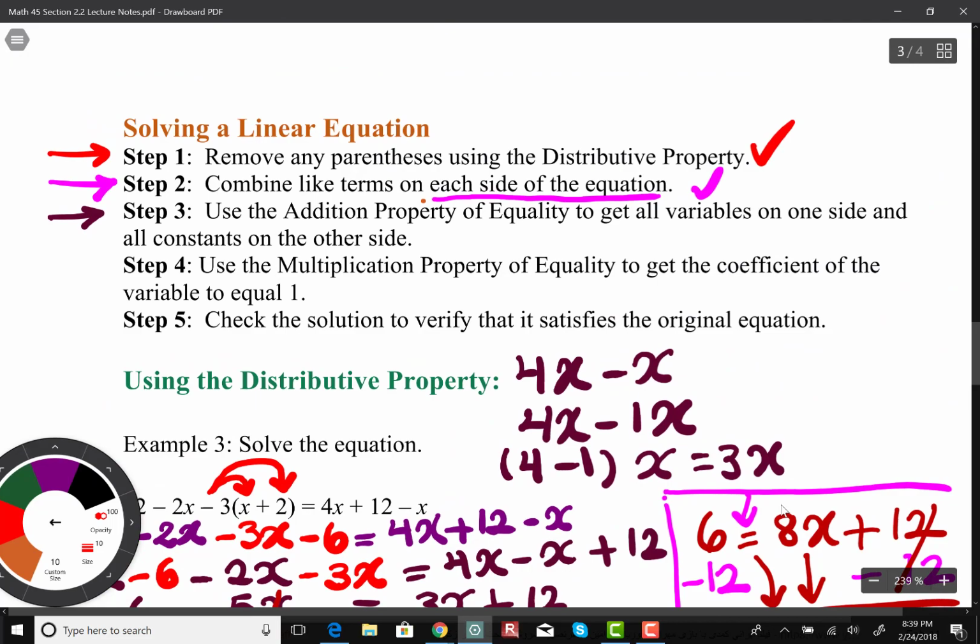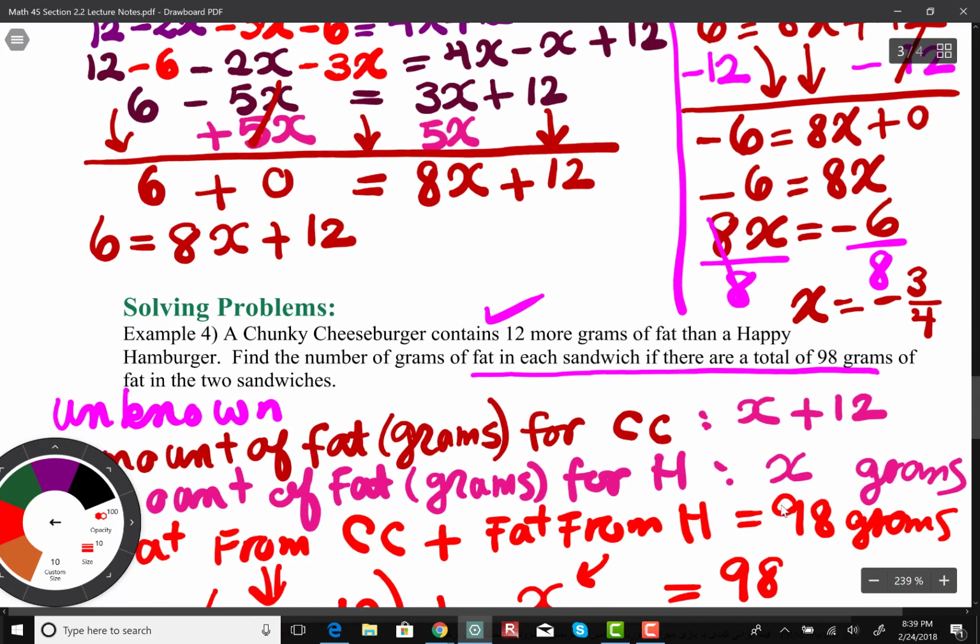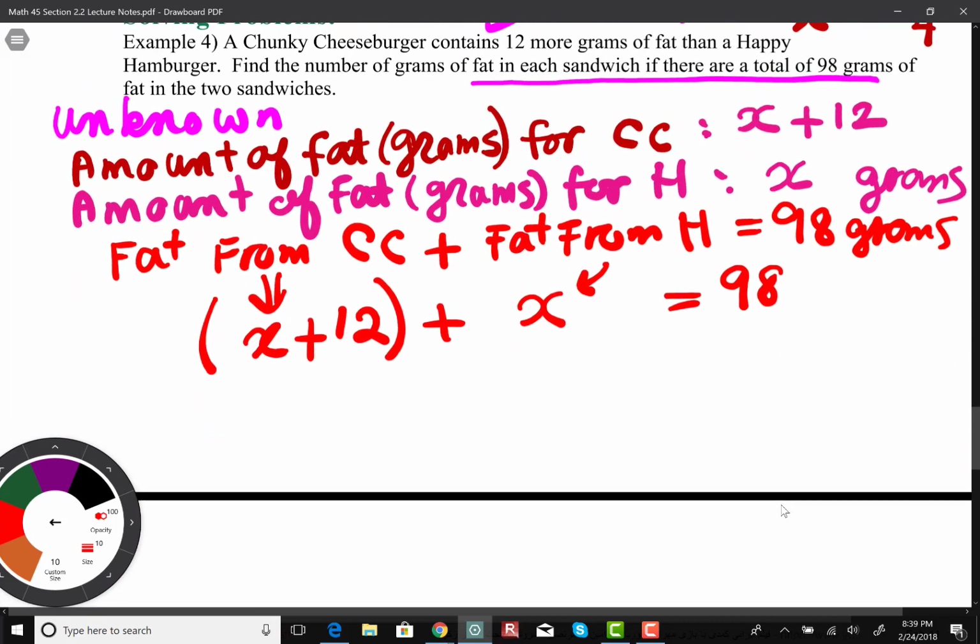For step 1, remove any parentheses using distributive property. So I'm going to use that in here. To remove that, because there is nothing in front of it, it's really 1, nothing will change. So let's write it down. X, we'll use a different color.